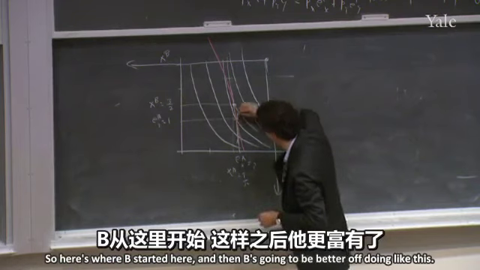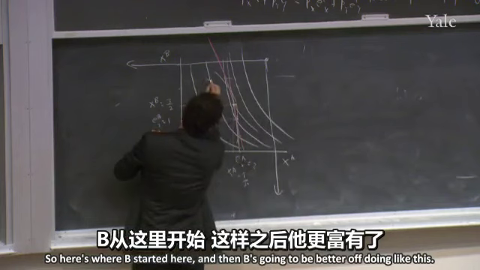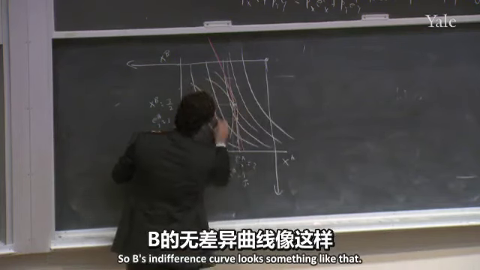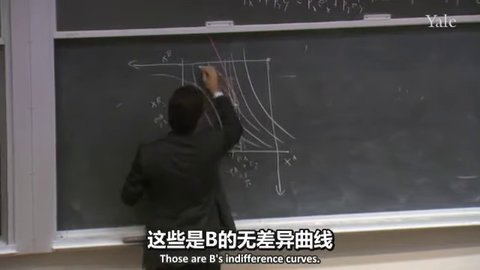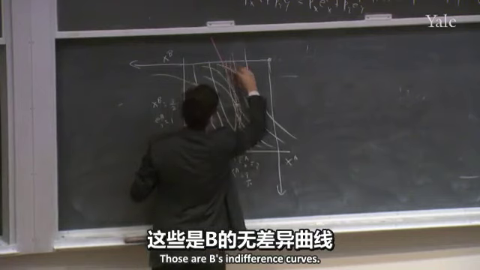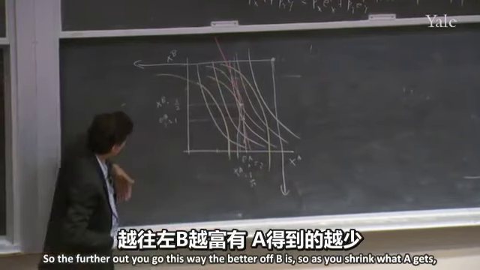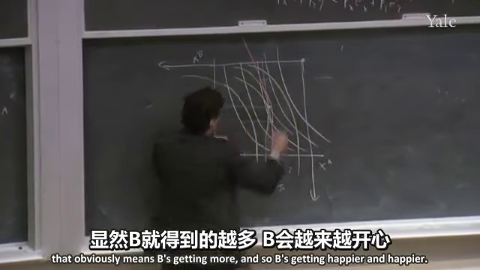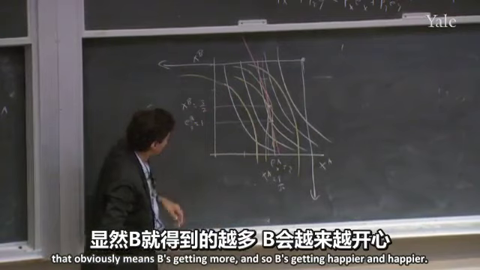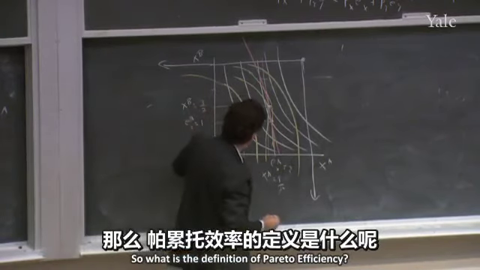So here's where B started, and then B is going to be better off doing like this. Those are B's indifference curves. So the further out you go this way, the better off B is. As you shrink what A gets, that obviously means B is getting more, and so B is getting happier and happier.